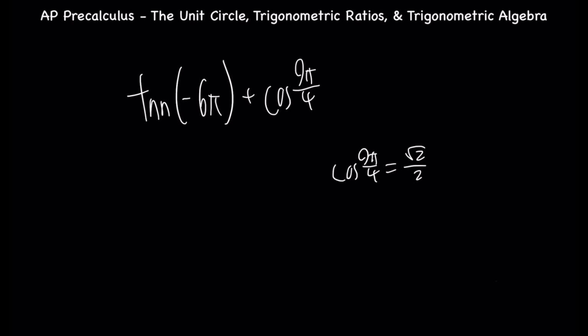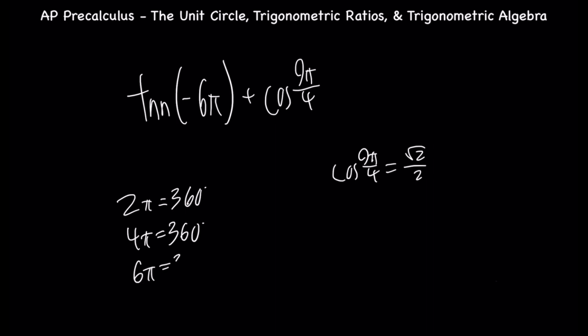Tangent of negative 6 pi, well, take it this way. 2 pi equals 360 degrees, right? And in that case, x is 1 and y is 0. So the tangent of that would just be 0. And 4 pi, we're also equal to 360 degrees because it's all periodic.